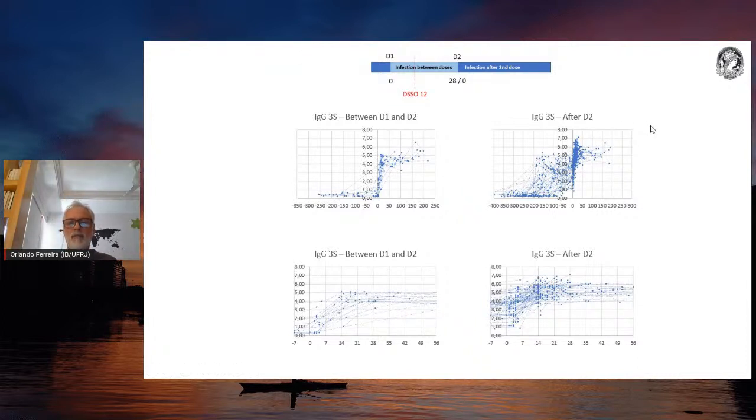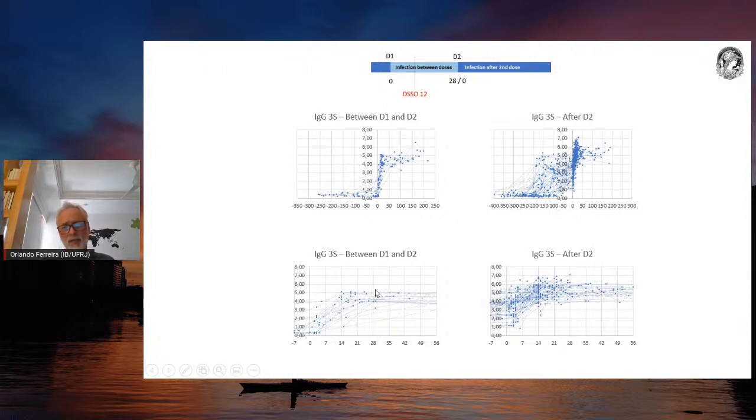Okay, so if there is a breakthrough infection, what do we expect of these individuals for the future? This individual that got infected after the second dose has a better level of IgG antibody than the individual that was infected between doses.